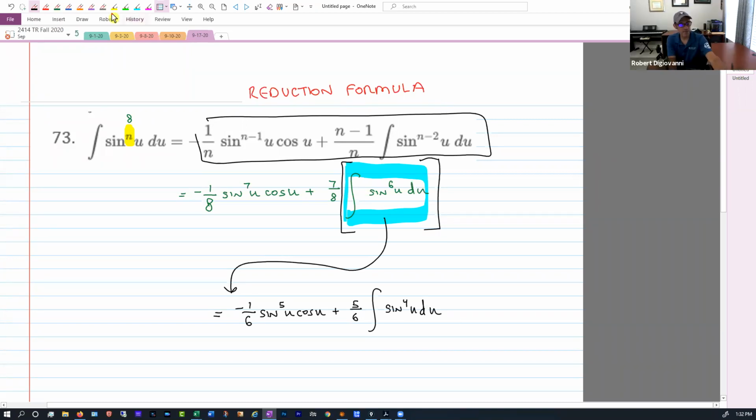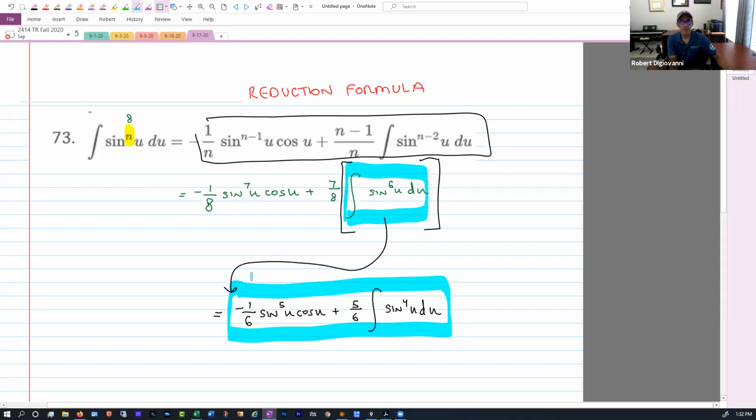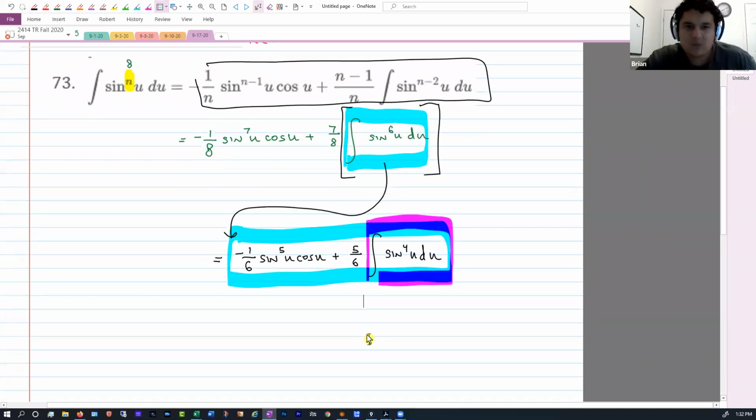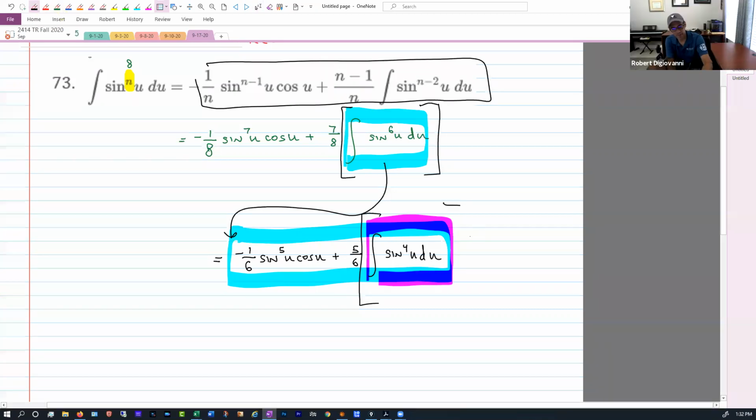All of that is the blue part. But we still have an integral, don't we? We have this integral, sine to the 4th. But guess what we get to do again? Use the formula again, right? Everything in brackets here gets replaced, and then I run through the formula again, and it'll take it down to sine squared. Then I have to do it again to take it from sine squared down to sine to the 0. Sine to the 0 is 1.